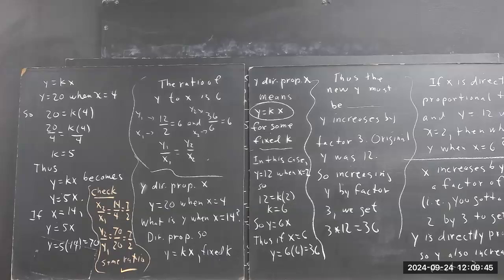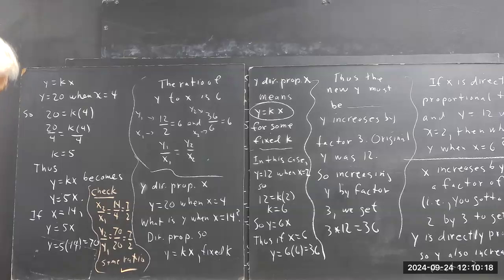I guarantee you, contractors know how to think about proportionality. At least successful contractors can actually make money doing this stuff. But that's again one really simple example of proportionality.